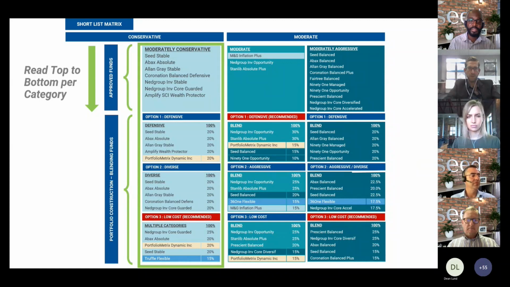In that top section, we've got a list of the funds that we say are the recommended funds. The bottom section gives you some examples of blending strategies. Funds do go through different cycles of performance, so we do recommend blending funds with different characteristics. And within this section, I'll go through some of those blends as well.